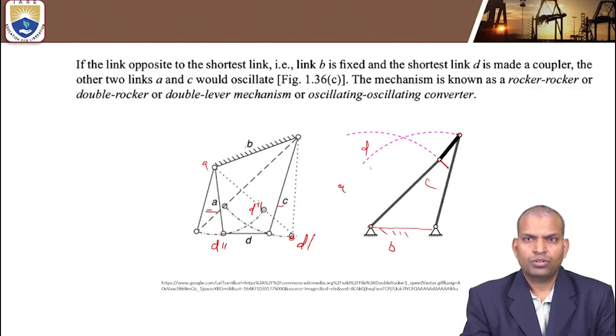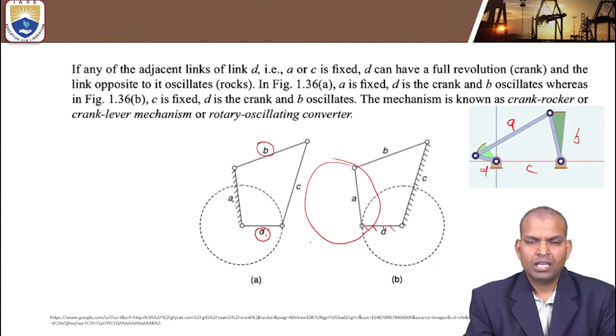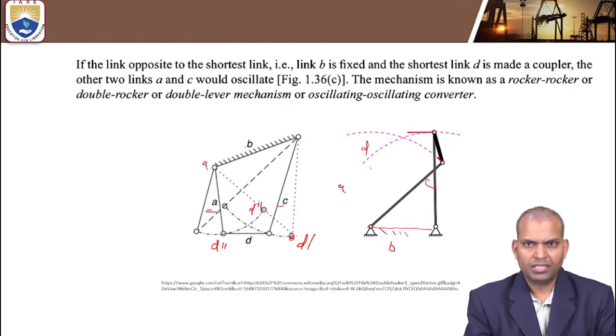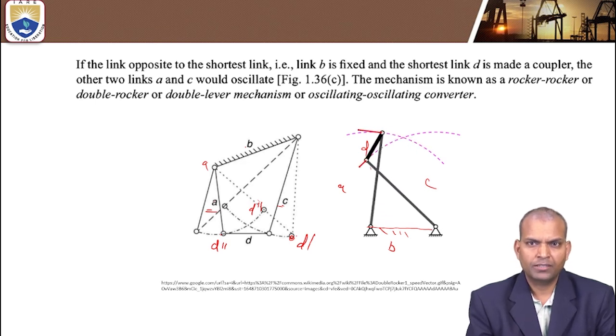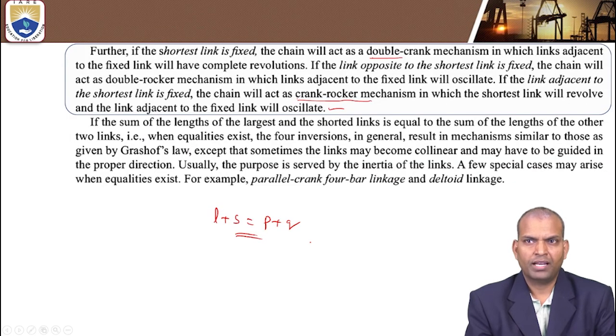When the links beside the shortest link, either A or C, are fixed, it becomes a crank rocker mechanism. When the longest link opposite to the shortest link is fixed, it is called a double rocker mechanism or oscillating converter. And if the shortest link is fixed, it acts as a double crank mechanism.